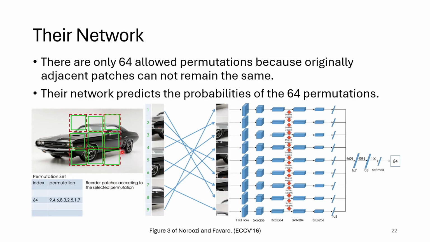So given 9 blocks, in fact, there are only 64 acceptable permutations. Why?